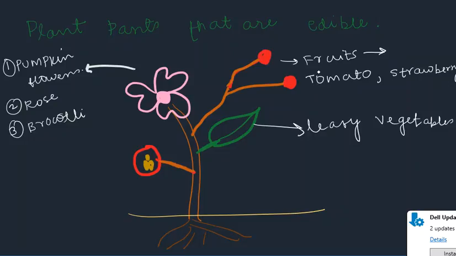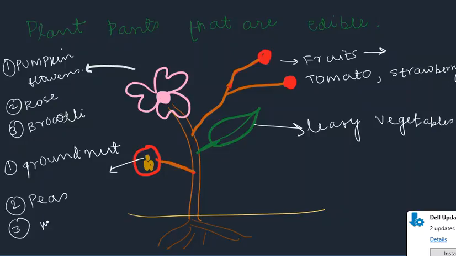Now coming to the seeds, we also consume seeds of the plant, like the first one, a very familiar one, groundnut, and other seeds like peas, and then mustard seeds, then other things like cowpeas, chickpeas, etc.